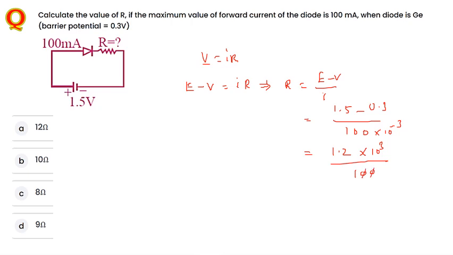Dividing by 100, the 2 zeros get cancelled, leaving 10 squared's worth, so we have 1.2 into 10, that is 12 ohm, which is the resistance. So the answer in this case is 12 ohm.